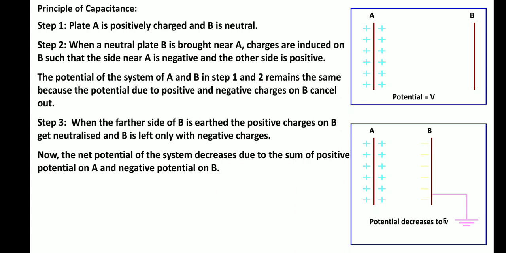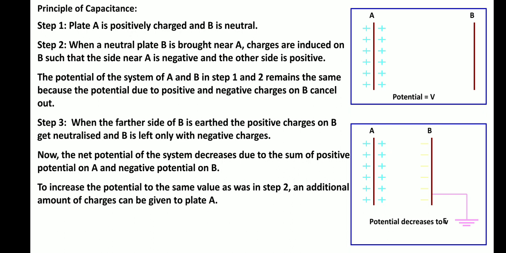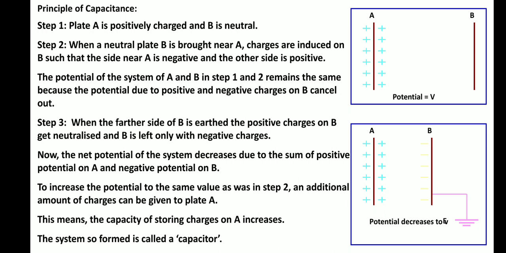Now the net potential of the system decreases due to the sum of positive potential on A and negative potential on B. To increase the potential to the same value as in step 2, an additional amount of charge can be given to plate A. This means the capacity of storing charge increases. The system is formed as a capacitor. So this is how the capacitor works. This is the principle of capacitors of the conductor.